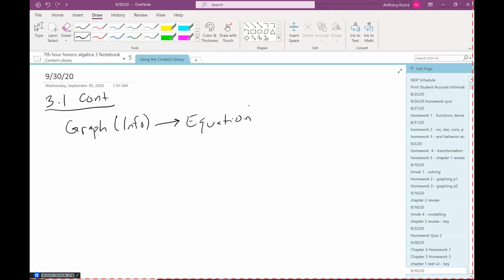We're going to look at the graph of some kind of sinusoidal function and translate that back into a sine or cosine equation. Okay with that plan? So let's just look at some examples. We'll look at a couple of graph examples, and then we'll look at a couple of information examples.